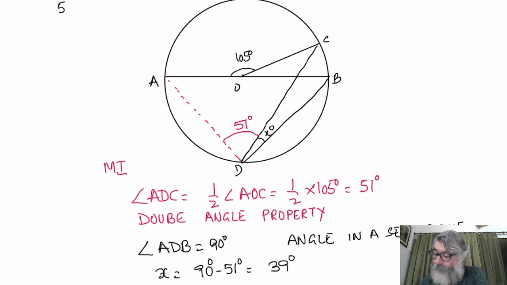Angle COB will be how much? 180 minus 105. Why will it be so? Please tell me that.